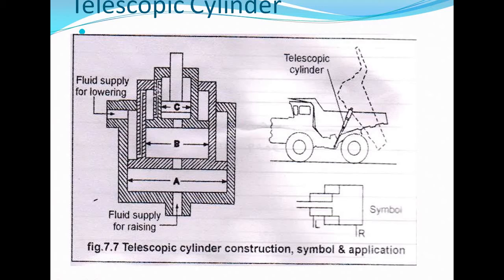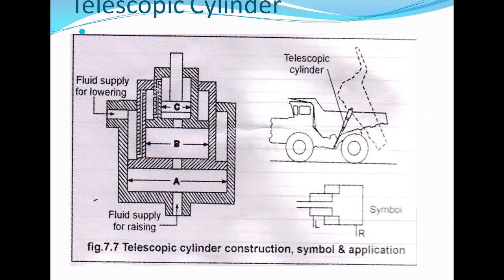You can see a dumper, and in this dumper whatever is there on this movable part, that movable part is used to move upward. That is used for dumping. In this particular application a telescopic cylinder is used.